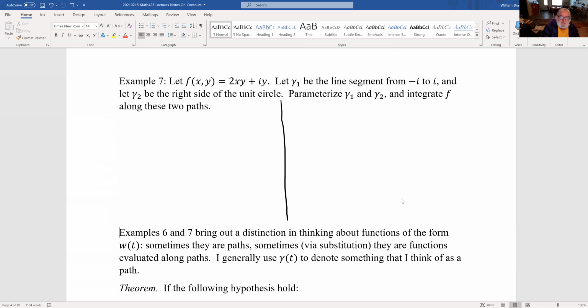So gamma 1 is a line segment from -i to i. And so it'll be 1 minus t times the start, which is -i, plus t times the end, which is i. And if you simplify that, you get i times 2t minus 1.